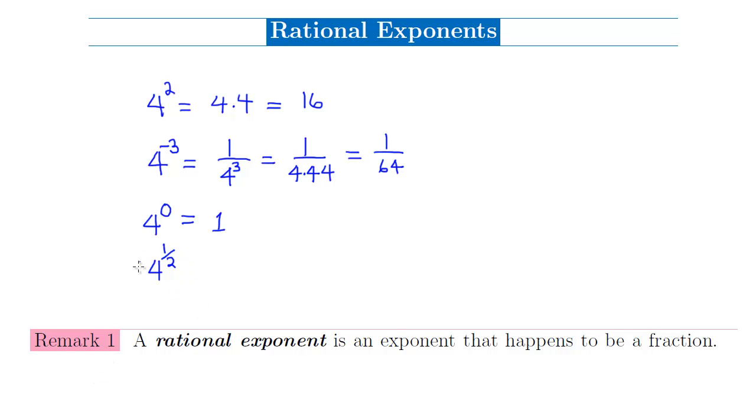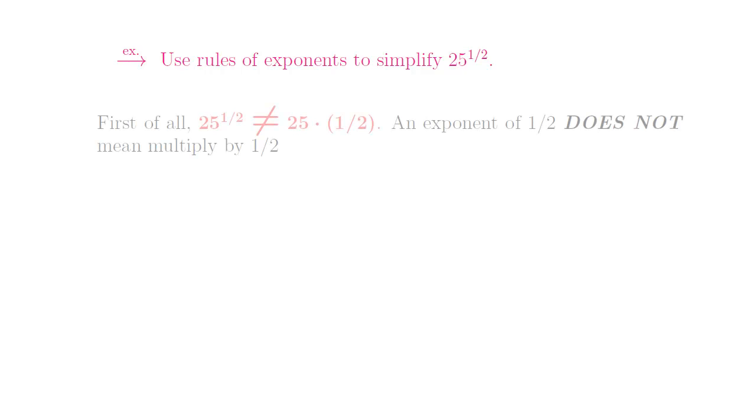Now, how do we simplify something like 4 raised to the 1/2? Well, that's what we're going to now talk about. So let's actually investigate rational exponents by looking at an example. Let's use the rules that we know pertaining to exponents to simplify the expression 25 raised to the 1/2 power.